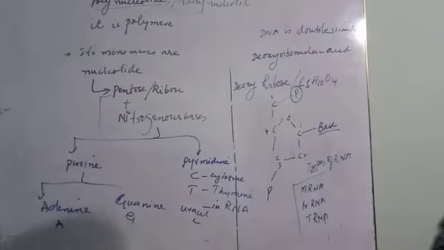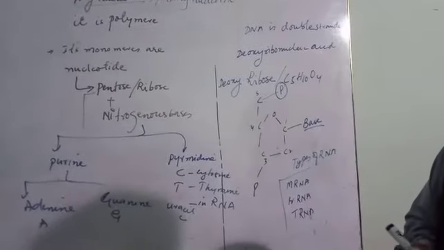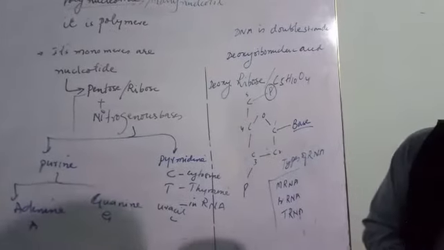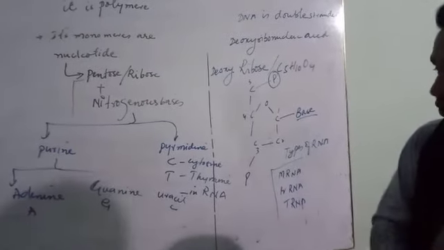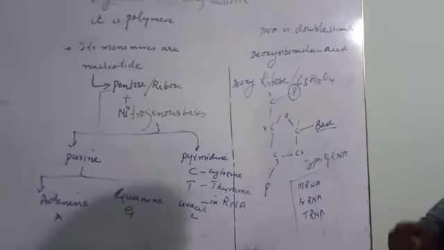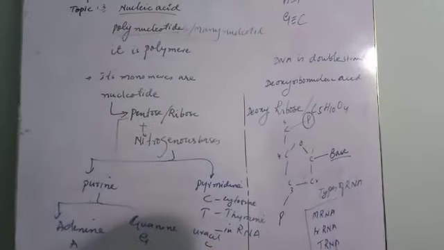DNA is found in some organelles such as chloroplast, or sometimes in mitochondria. DNA is double stranded, with deoxyribose sugar, and it has a double stranded ring structure like this.